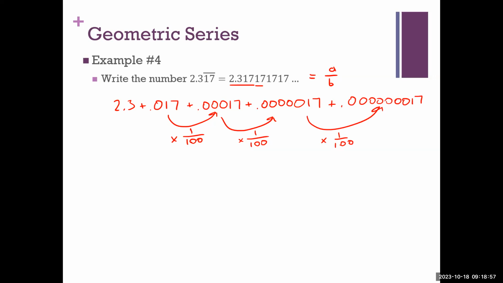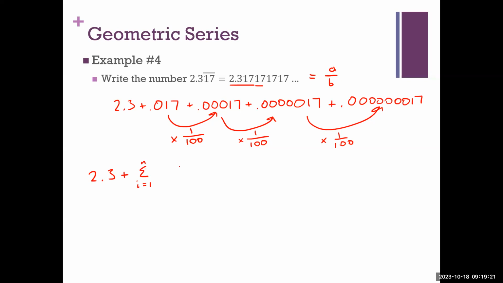Leave off the 2.3. If we define this thing, we have 2.3 plus some series, from i equals 1 to n. Can we define the terms in this series?